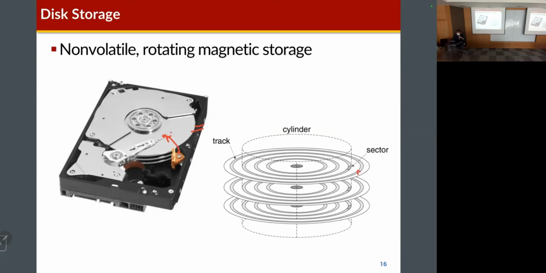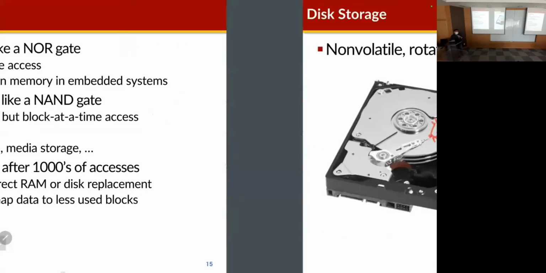Our data is stored on the surface of the plate, so in order to access the data, we need to move this arm of the hard disk drive, which means that we need to change the location of this head. So this is a mechanical process, which means that it's very, very slow compared to the SSD.